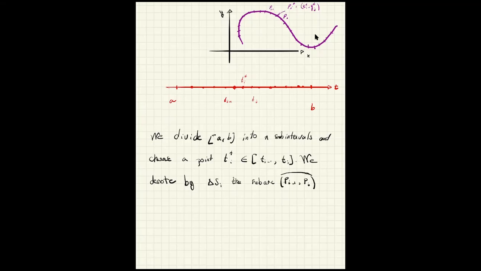But the reason I'm doing this is not just because I like to draw, but because afterward we will use another notation for the line that goes from the point P_{i-1} to P_i.